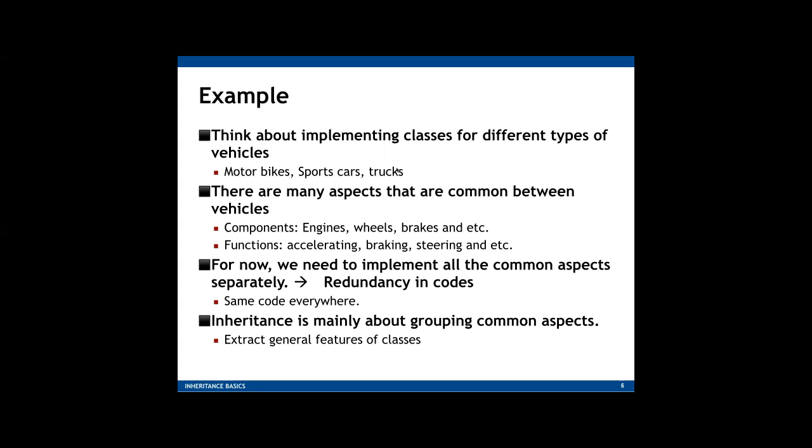For example, you need to put engine components for motorbike, sports car, and truck classes separately, which is not the best way of designing classes because they are duplicated. So inheritance comes in to solve this problem. Using inheritance features, you can group common properties to remove redundancy in your code.